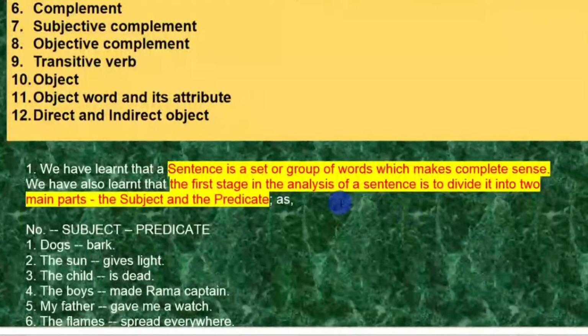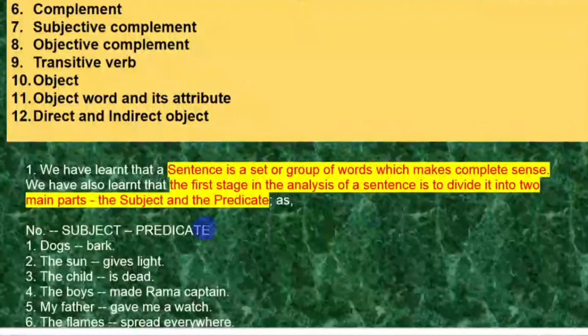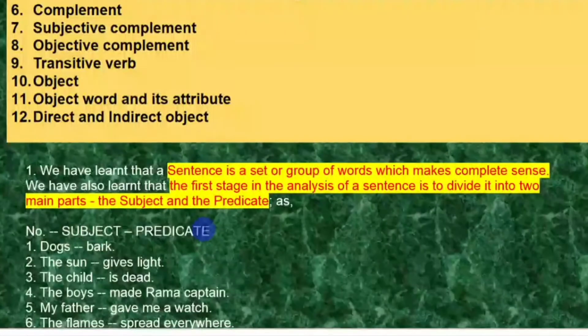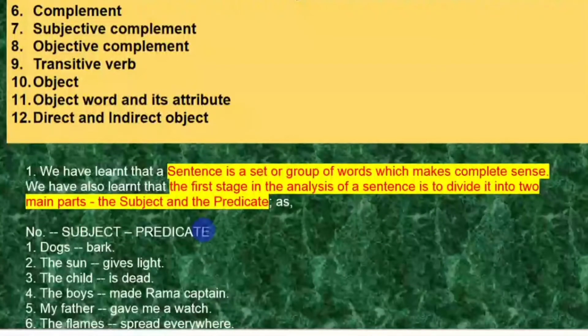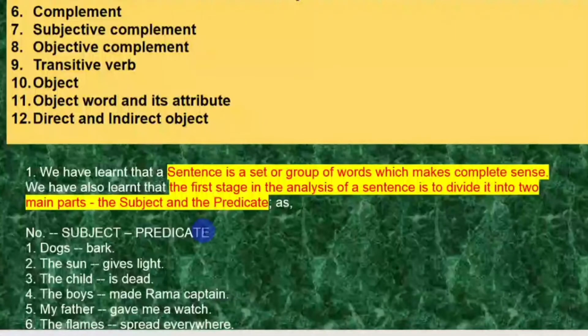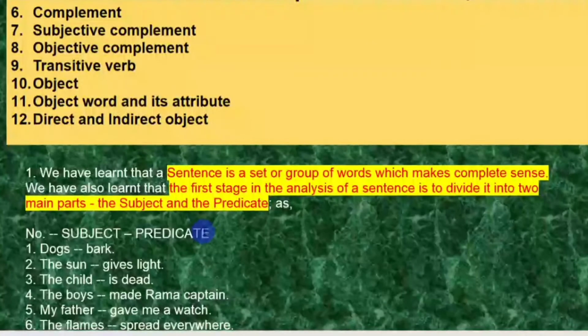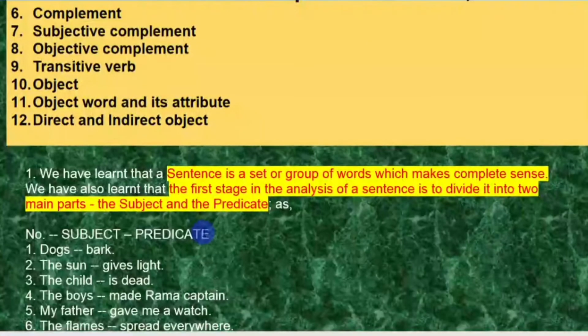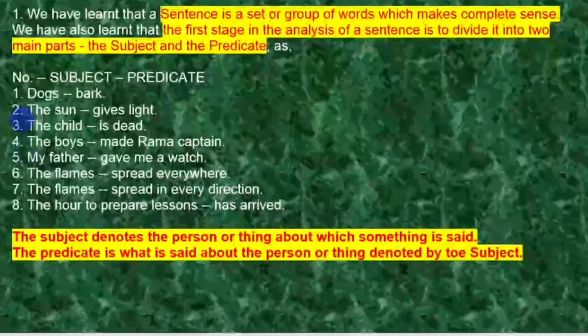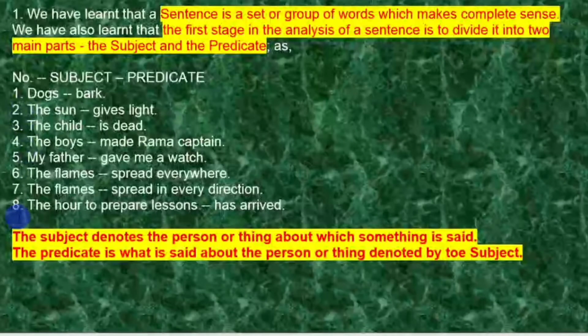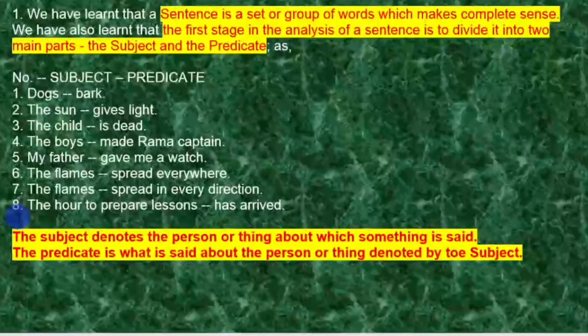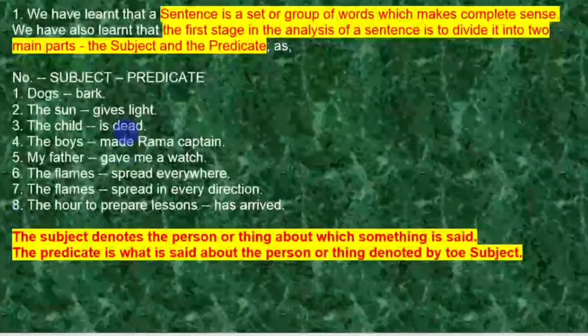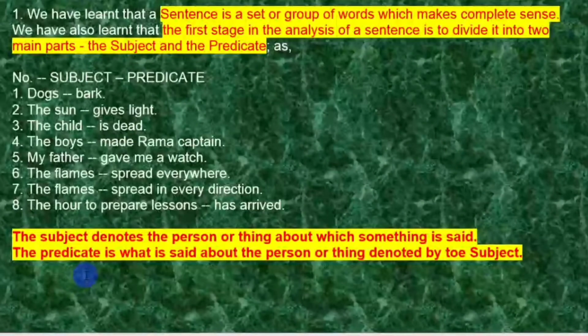As you all know that sentence is a group of words which make complete sense, and as far as the earlier part of the sentence analysis is concerned, we must be able to understand what is our subject and what is our predicate. Here are 8 sentences that the writer has written that actually exemplify subject and predicate. First of all, let us understand the concept or the idea of subject or predicate.